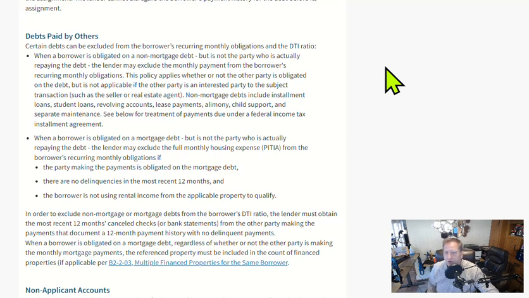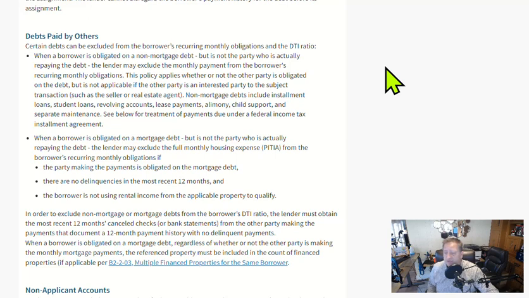When a borrower is obligated on a mortgage debt but is not the party who is actually repaying the debt, the lender may exclude the full monthly housing expense, principal, interest, taxes, insurance, and what is that, association fees? I don't know what the A is. That's weird to me.